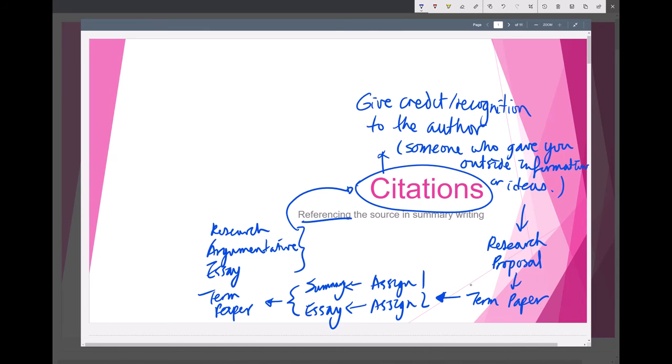Referencing the source is anything that is not from you. When you write summaries and paraphrases and quotes. So we're going to look at paraphrasing and quoting in this lecture and show you how you can do it.